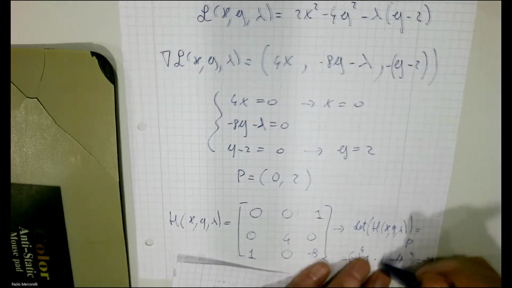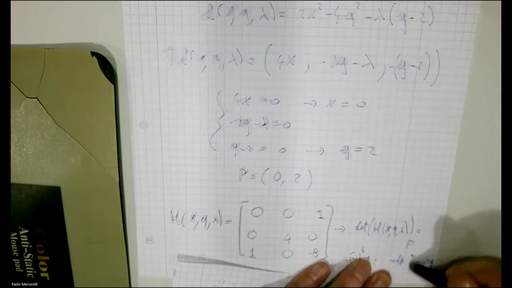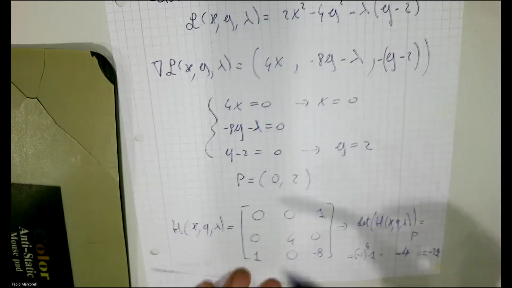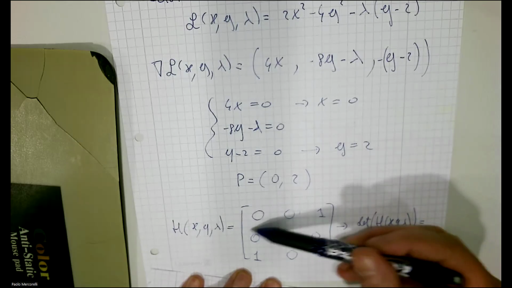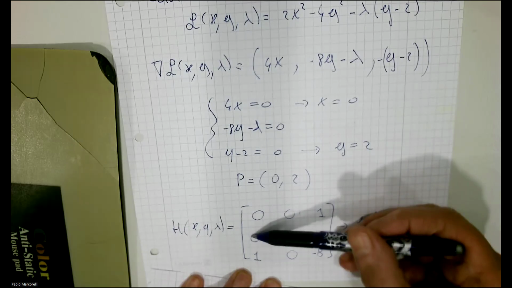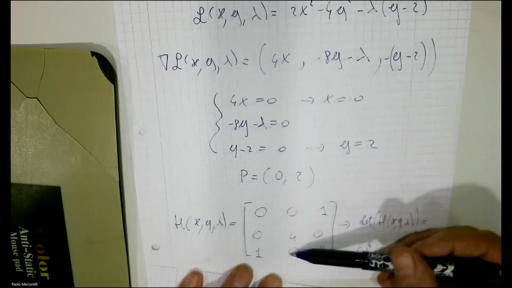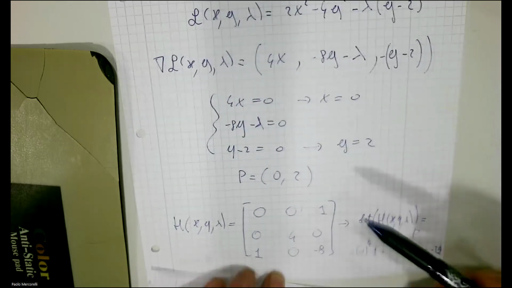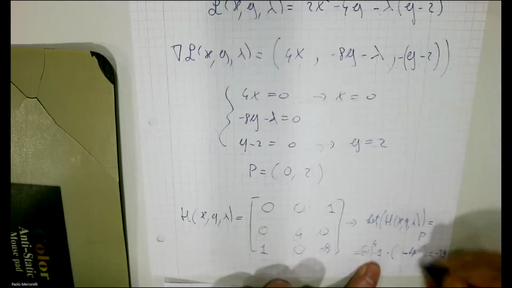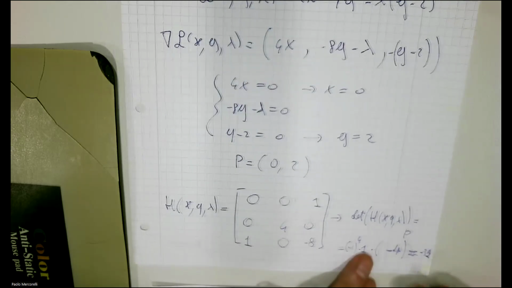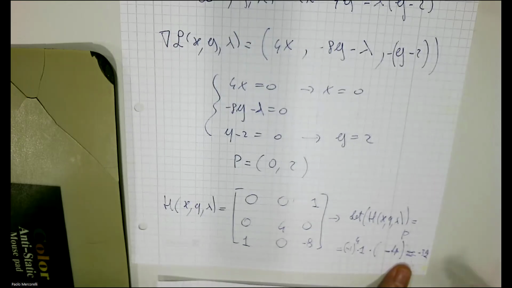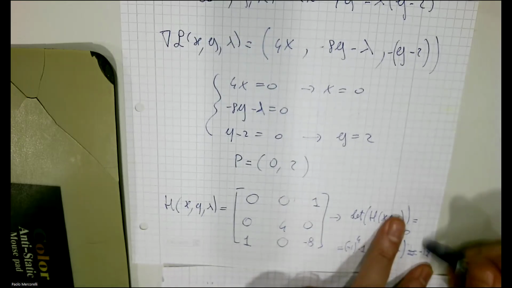Let me correct. Why just -4? Because I have to eliminate again this and this. This means I have to consider this minor here: this multiplied by this minus this multiplied by this. It's -4. The result does not change, but the calculation was wrong. This means -4 instead of -32.